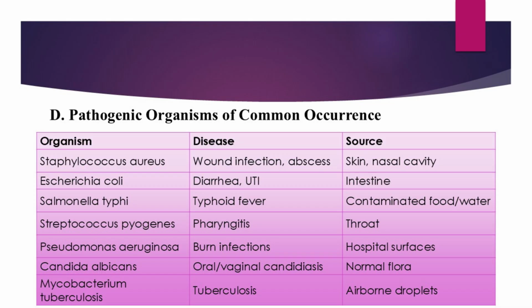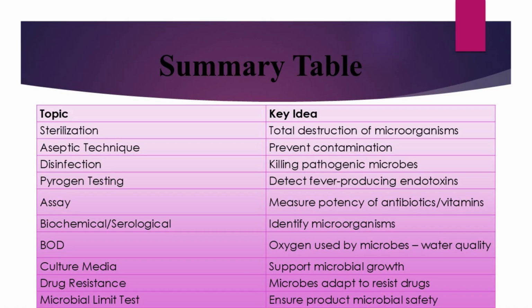Source, hospital surfaces. Row 6. Organism, Candida albicans. Disease, oral or vaginal candidiasis. Source, normal flora. Row 7. Organism, Mycobacterium tuberculosis. Disease, tuberculosis. Source, airborne droplets.